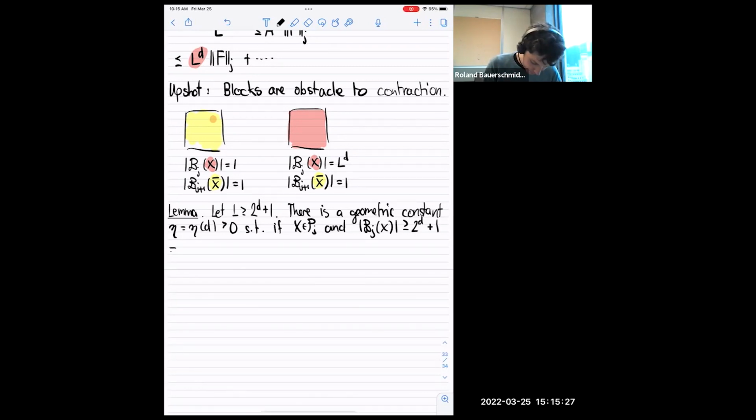Then the number of blocks in its closure at scale J plus 1 is much smaller than the number of blocks at scale J in X. So much smaller being shown here by this positive factor 1 plus eta between the ratios.